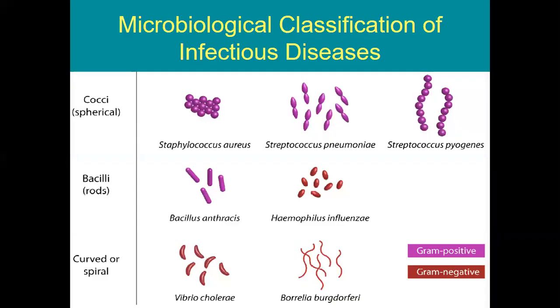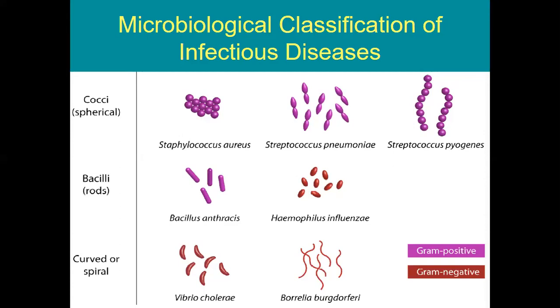These are the various structures of the bacteria. They may be present in the form of cocci. The cocci can be in the form of a bunch of grapes, example Staphylococcus aureus. They can be present in pairs like Streptococcus pneumoniae, you can call them pneumococcus. Chains, Streptococcus pyogenes, right? Bacilli or rods, you can see Bacillus anthracis, or Haemophilus influenzae.